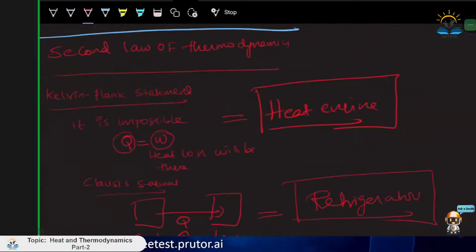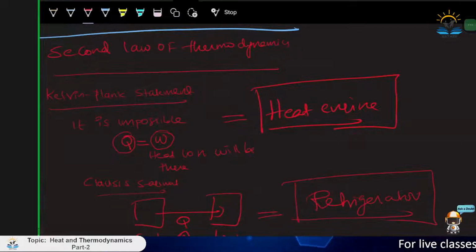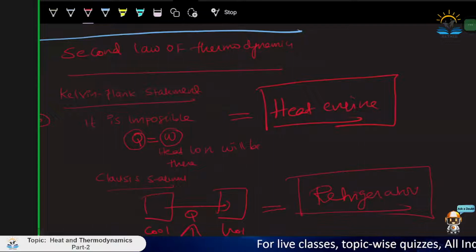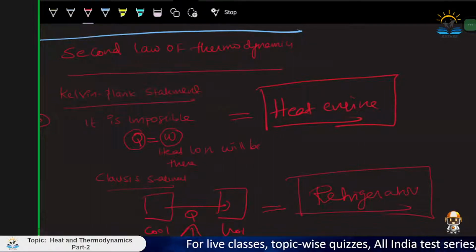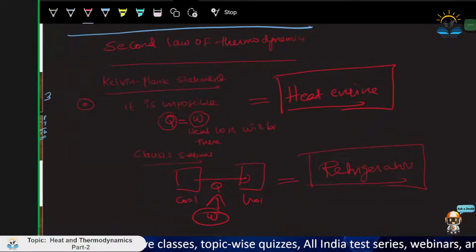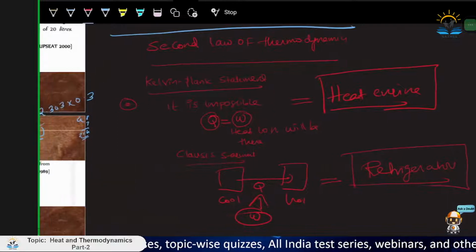What is a heat engine? It contains a working substance.